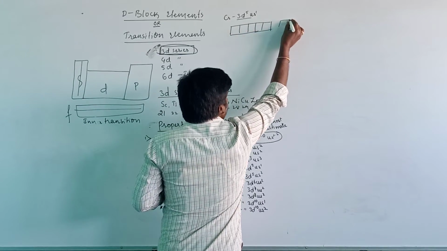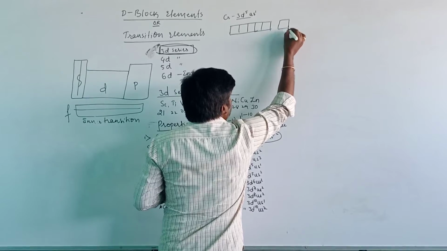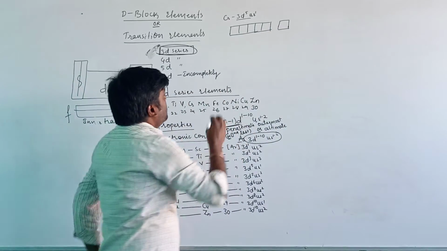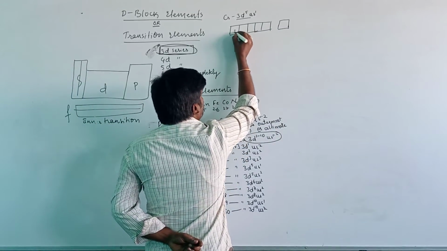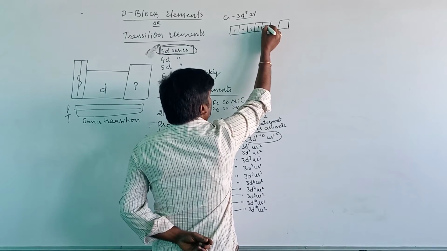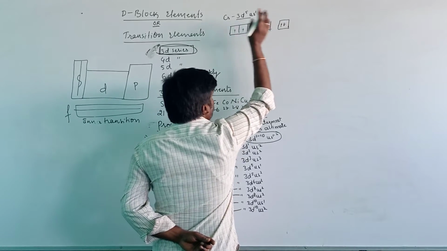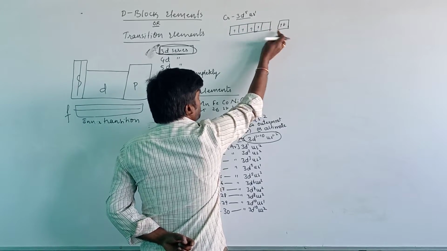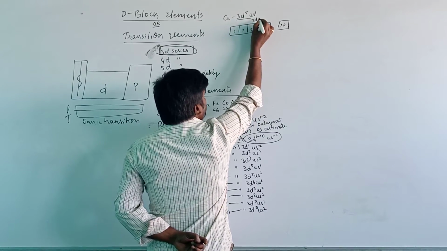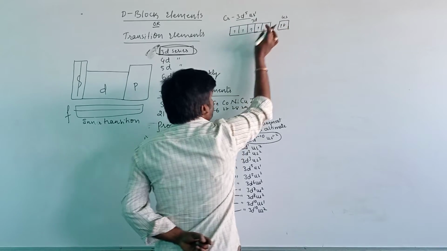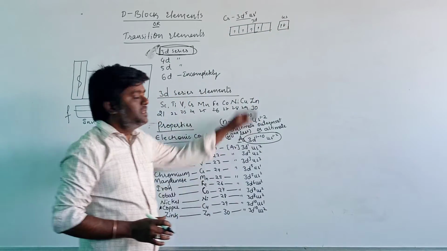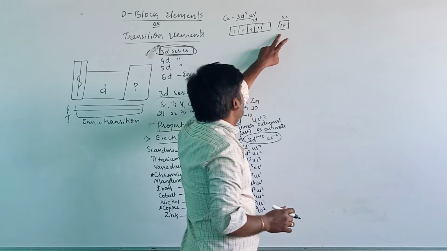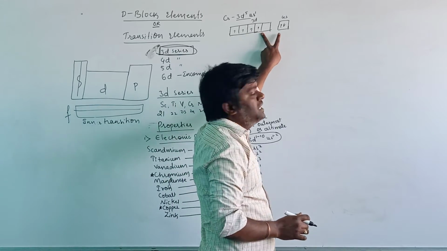One orbital is present in the s subshell. Number of electrons: 1, 2, 3, 4, 5, 6, 7. The energy gap between the 3d and the 4s orbital is very small.